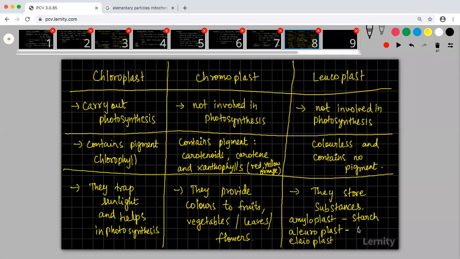The aleuroplast will store proteins. And elaioplast will store fats. So all these things are stored by them. Okay.